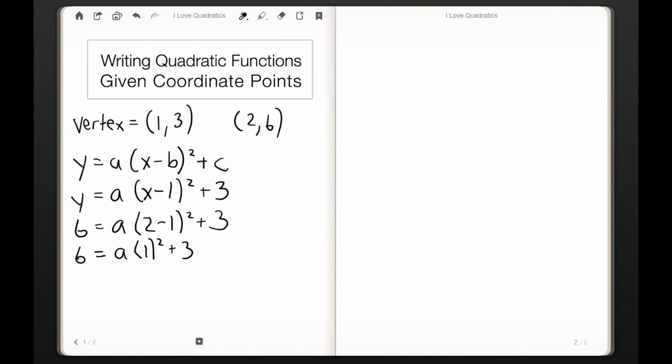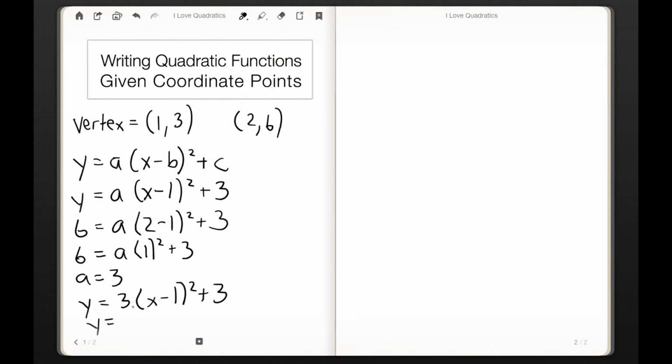So here we're going to get a equals 6 minus 3. So a equals 3. And the equation, leaving x and y as they are, will be y equals a of 3 times x minus b of 1, squared, plus c of 3. And now we just want to go one step further and convert to standard form.